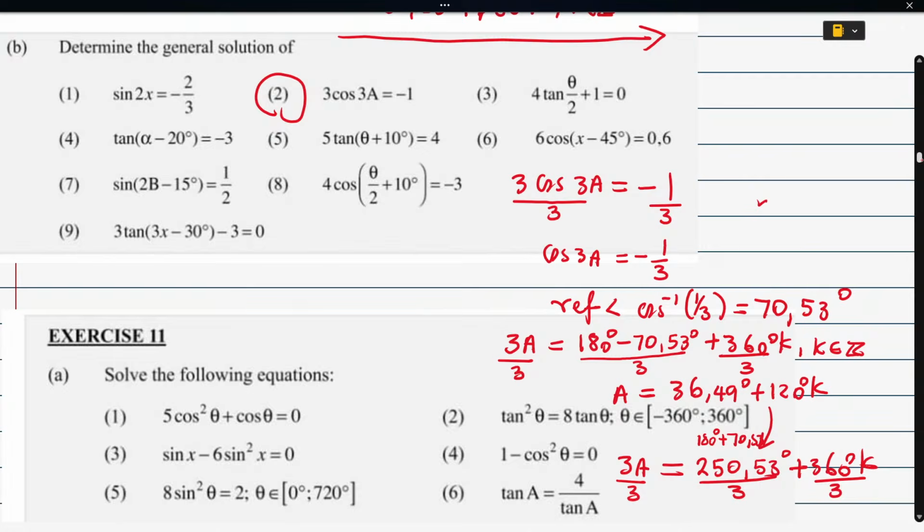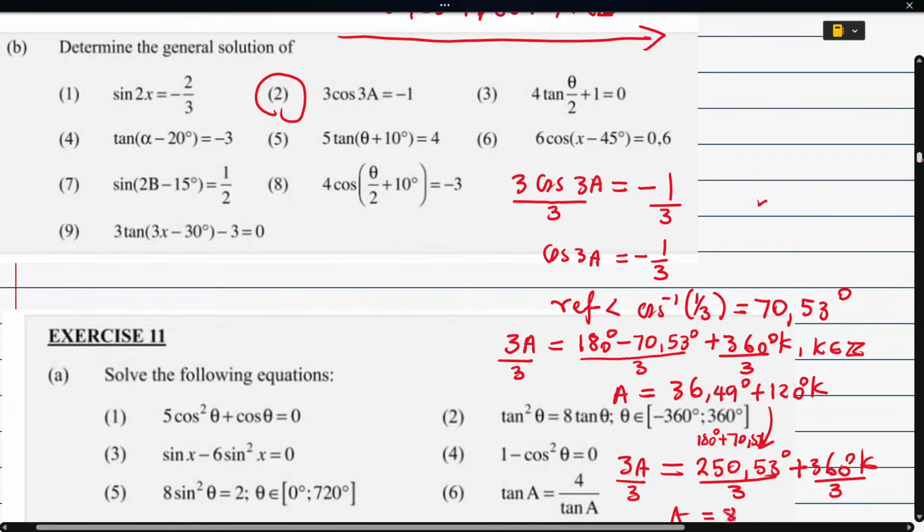So A will be equal to 83,51 plus 120 degrees K. Thank you for the correction. Keep up the good work. So that is how you solve these general solutions.